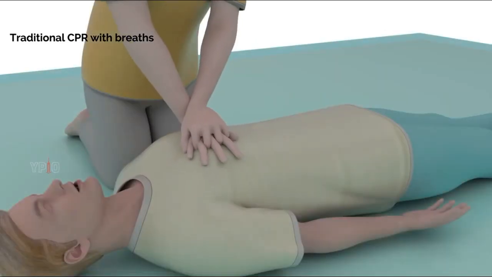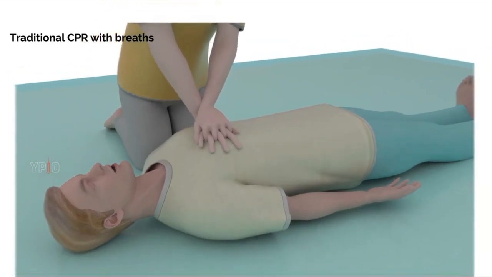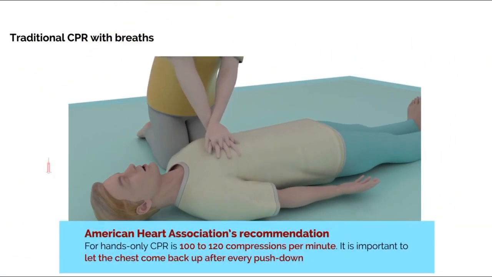The compression rate is the number of compressions one should perform in 1 minute. The American Heart Association's recommendation for hands-only CPR is 100 to 120 compressions per minute. It is important to let the chest come back up after every depression.